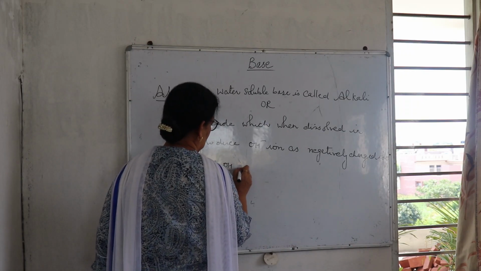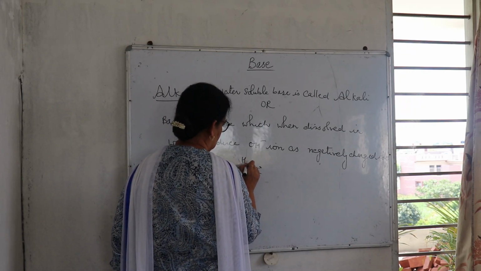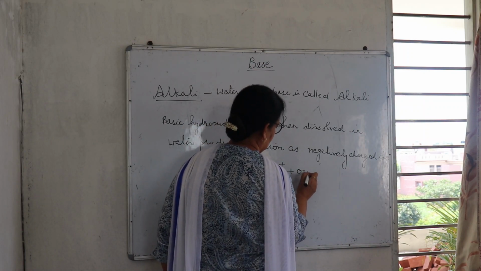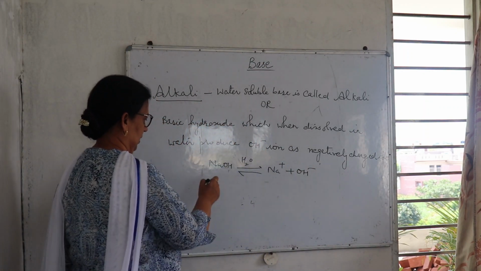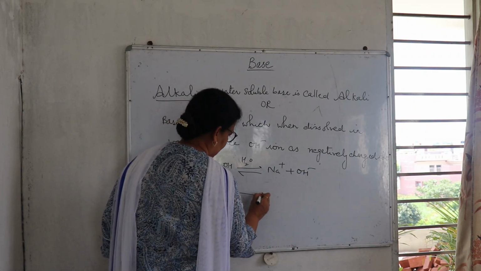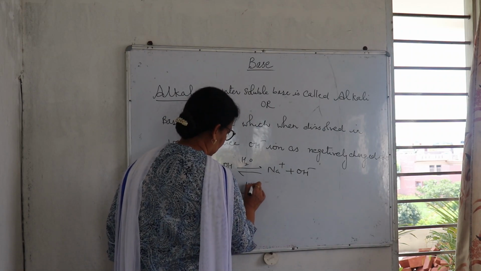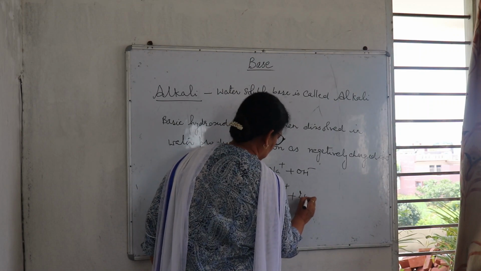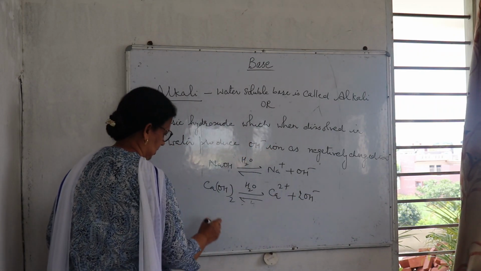NaOH dissolved in water gives Na positive plus OH negative. Ca(OH)2 when dissolved in water gives Ca2 positive plus 2OH negative.